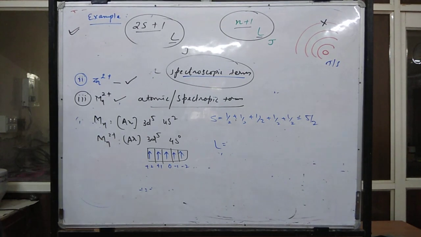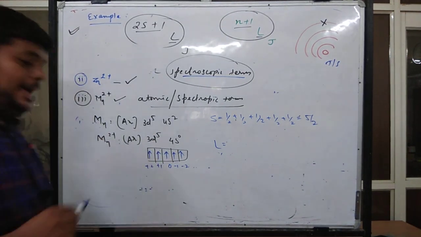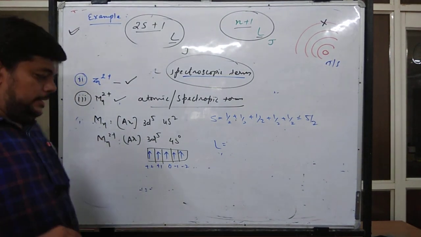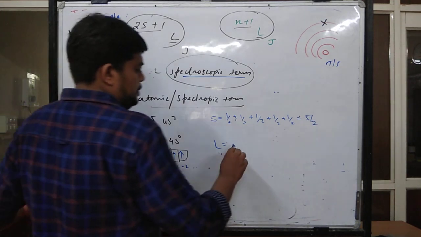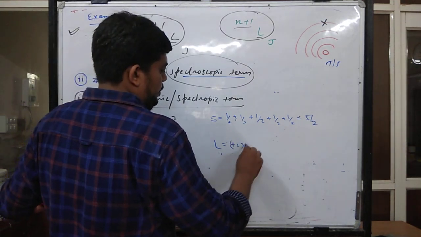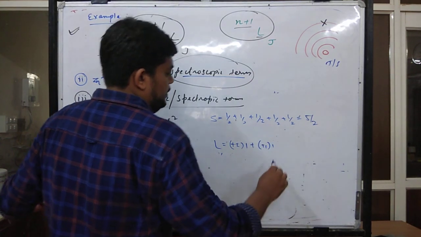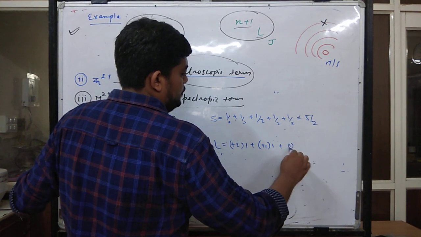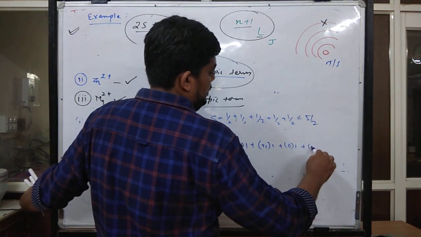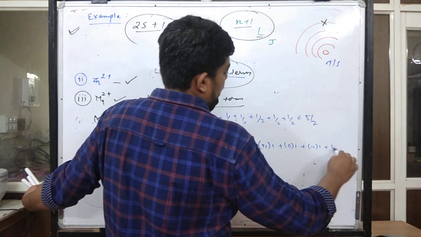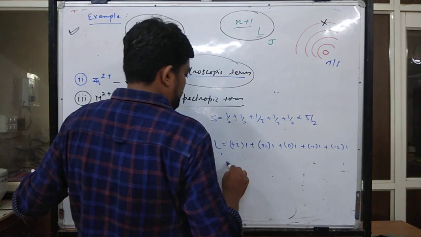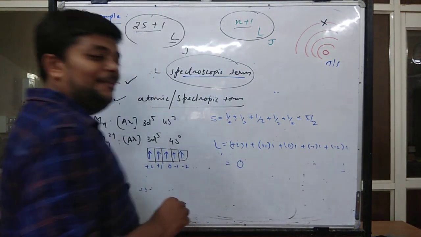And now the value of L, very interesting: plus 2 into 1, plus 1 into 1, 0 into 1, minus 1 into 1, and minus 2 into 1, and interestingly it would be 0.